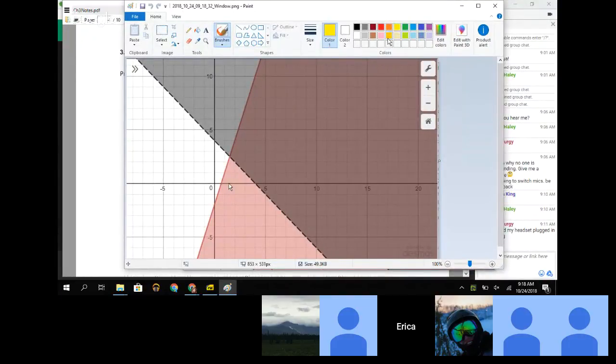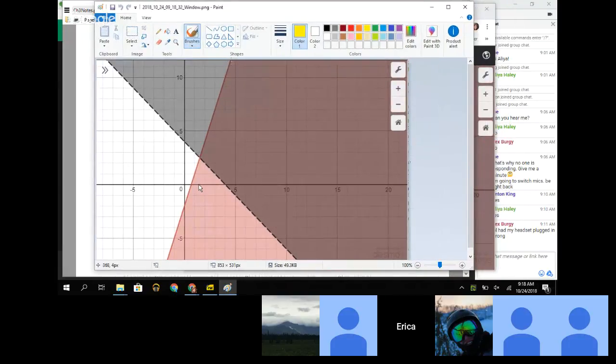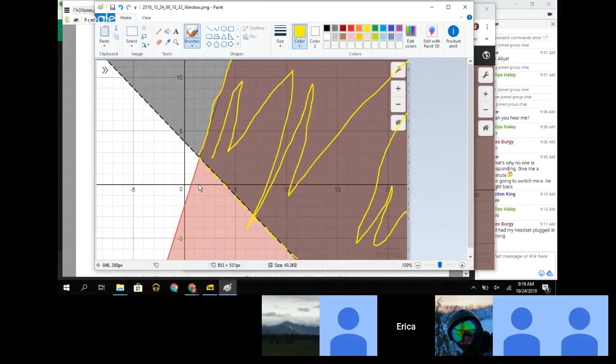It'll stand out yellow. So if I was drawing this on my graph, I would draw a graph that has a solid line here. Okay. And then here it has a dashed line. And then I would shade in everything over here.